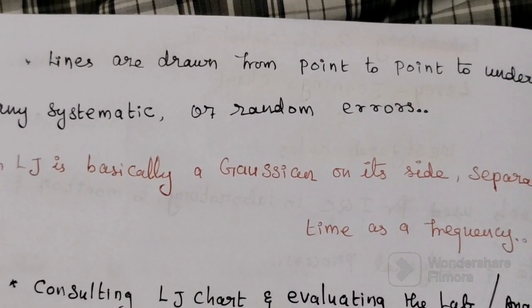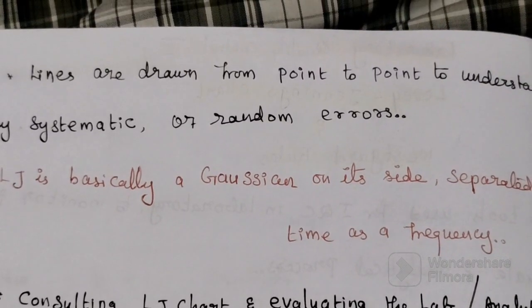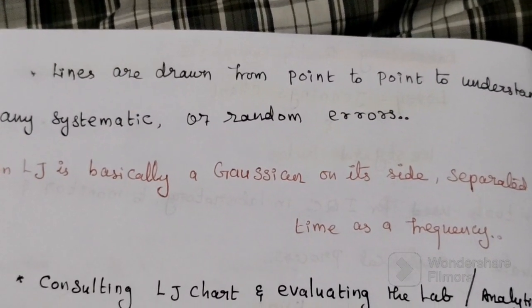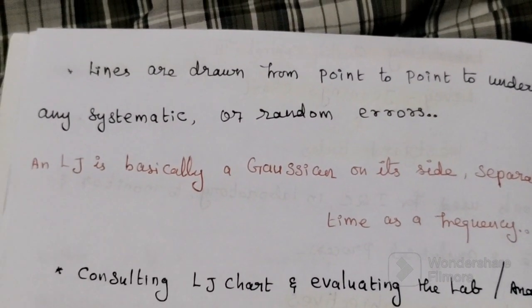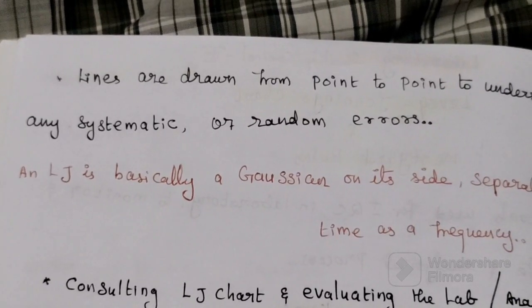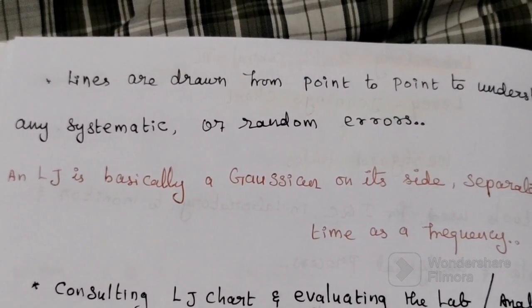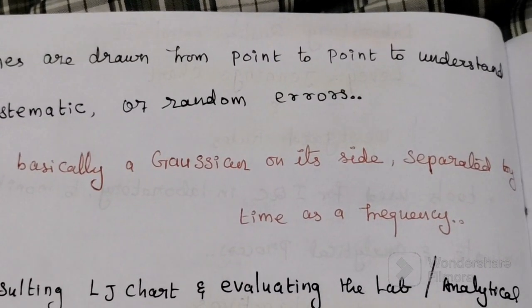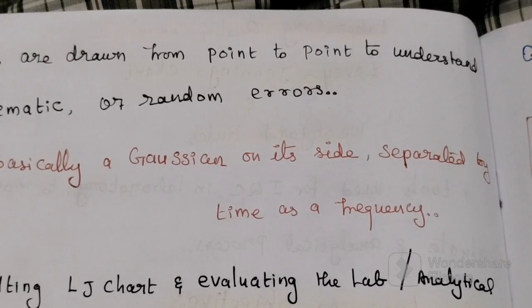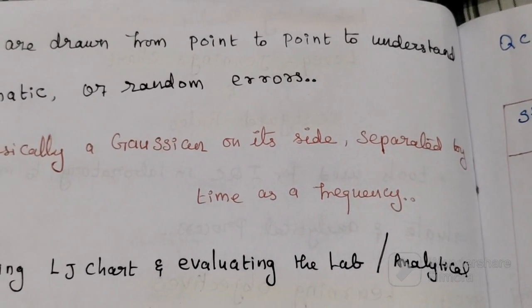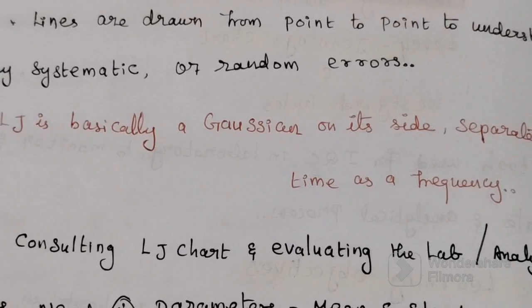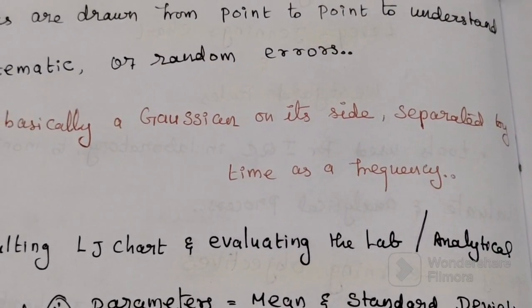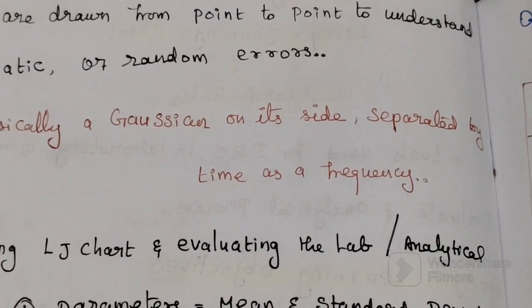The LJ chart is basically a Gaussian curve on its side, separated by time as a frequency.